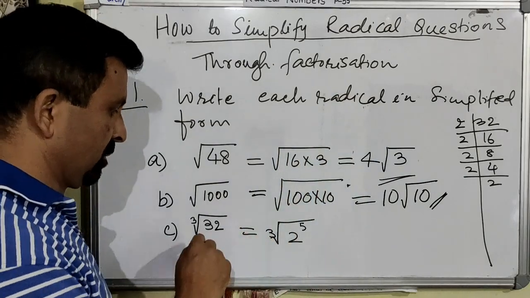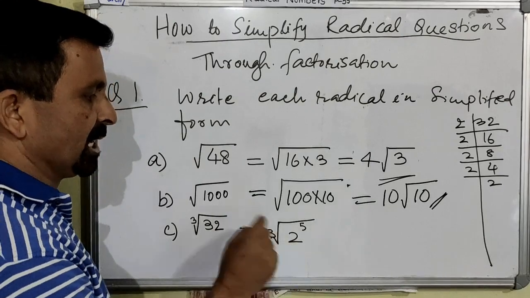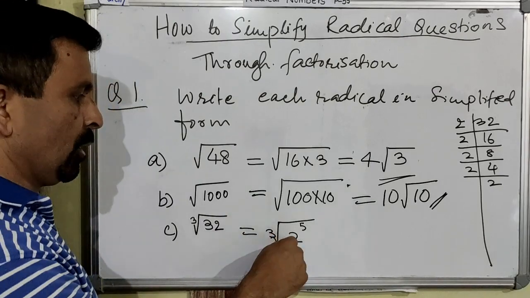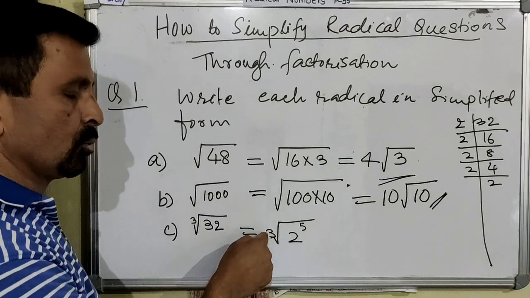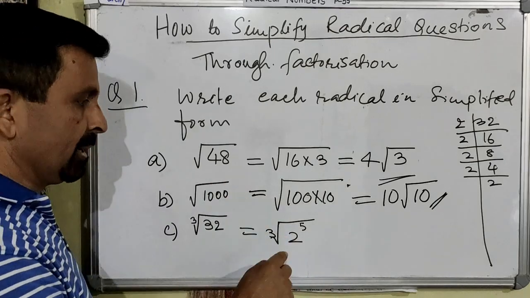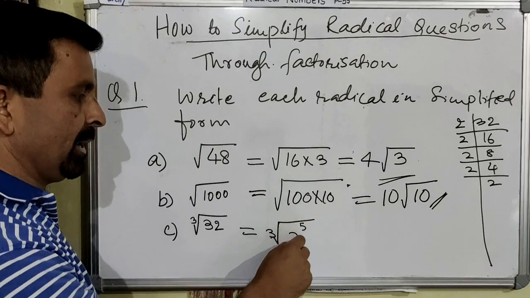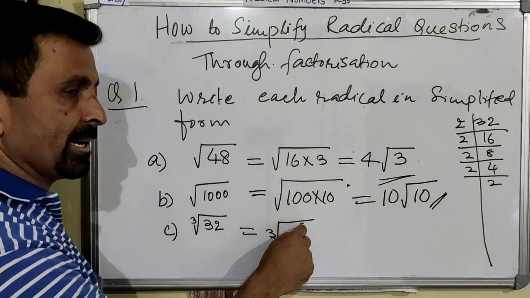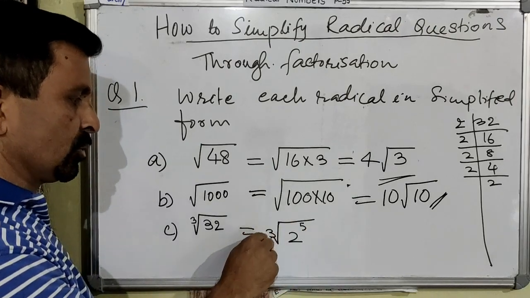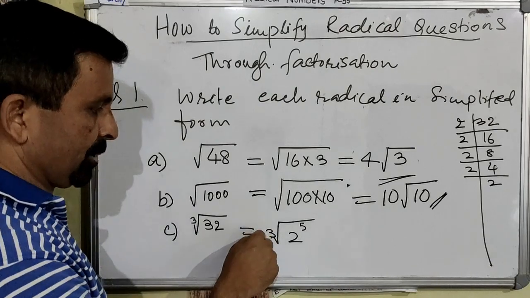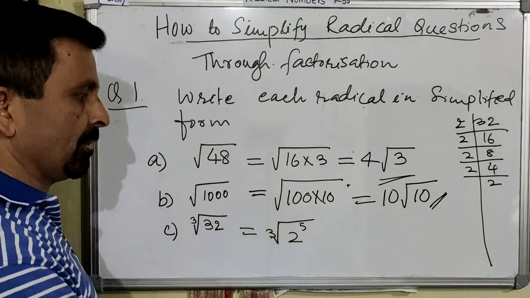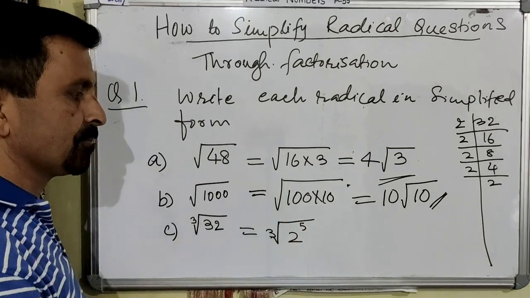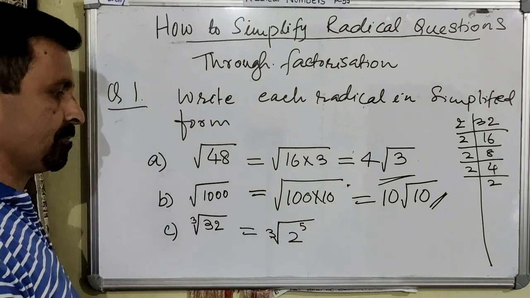Now what we are going to do? We have expressed this radicand as an exponential number. Now we are going to split the power of this number according to this root sign. Please keep in mind that the exponent of this radicand will be split according to the root sign. Here, because the number is 3, this is a cube root. Therefore, when you split this power, you will split it as 3 and then something.